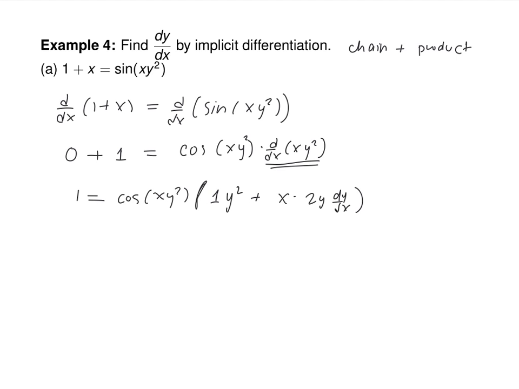I think it would work best to just distribute. So 1 equals y squared cosine xy squared plus 2xy cosine xy squared dy dx. Does that make sense what happened?